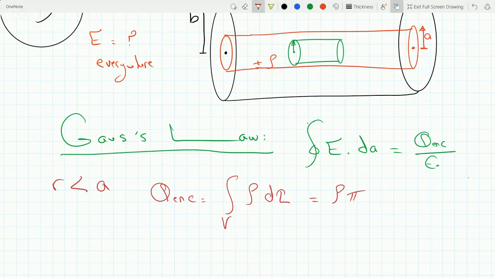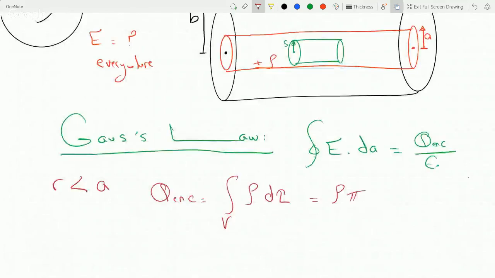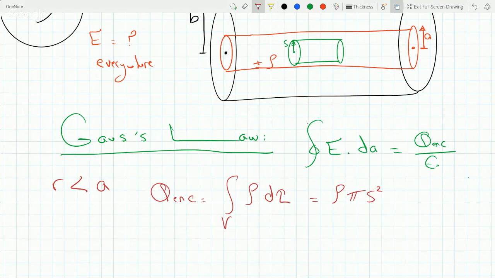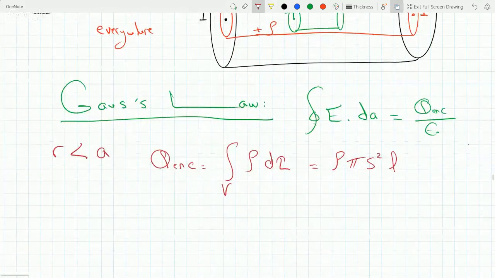So this is just rho pi S squared times the length L of the Gaussian surface I chose, so that's my Q enclosed.